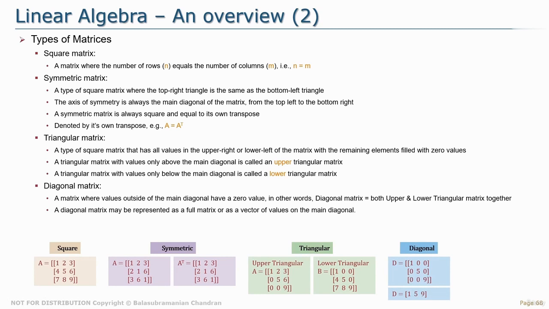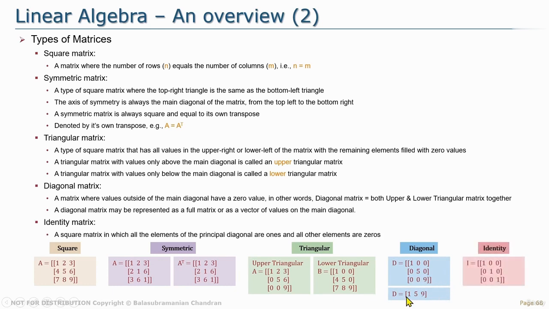In other words, a diagonal matrix is equal to both upper and lower triangular matrix together, like this. A diagonal matrix may be represented as a full matrix like this, or as a vector of values on the main diagonal like this. Identity matrix. A square matrix in which all the elements of the principal diagonal are ones and all other elements are zeros, like this.